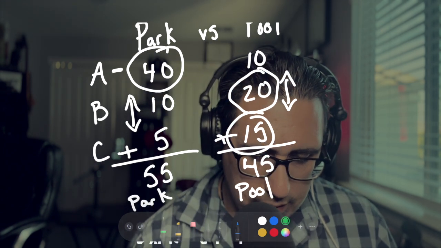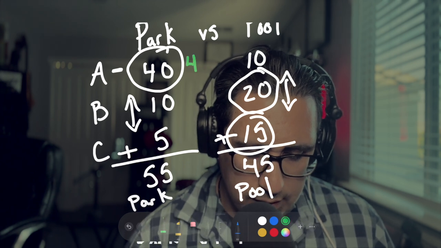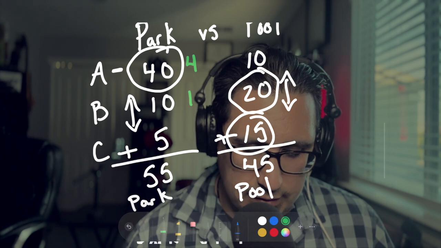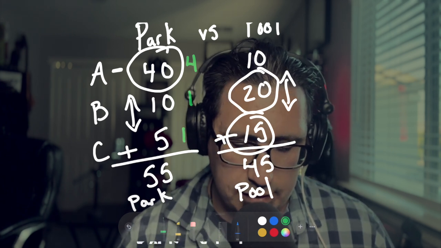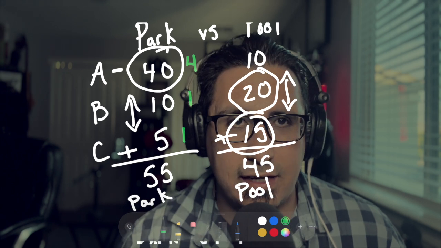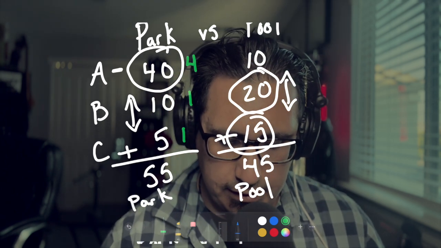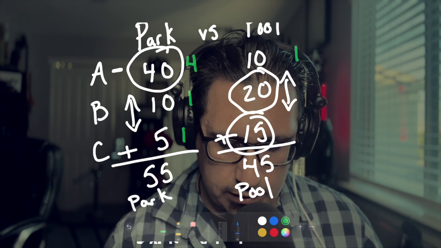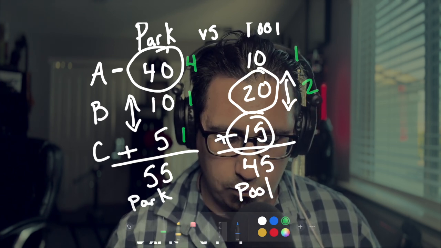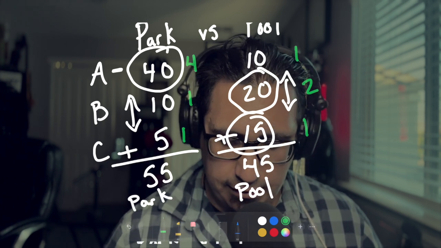the park would get 4 votes from A, the park would get 1 vote from B, and let's say 1 vote from C. We'd have to decide how 5 is split. Over here, it's 1 vote for the pool, 2 votes, and 1 vote, because they can only have 2 total. Since there were only 2 representatives, they only get 1 vote.